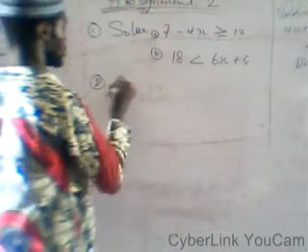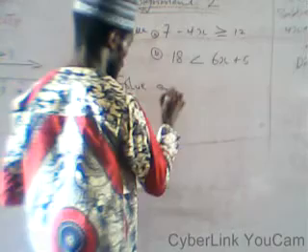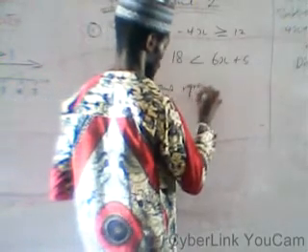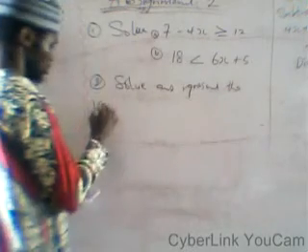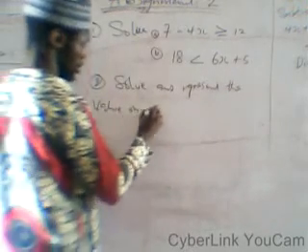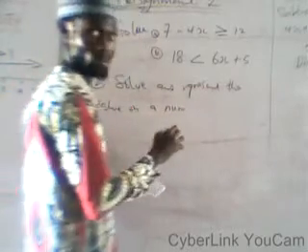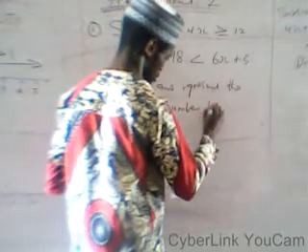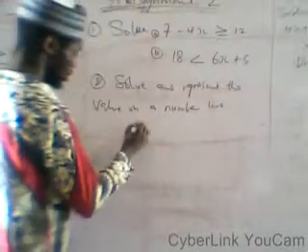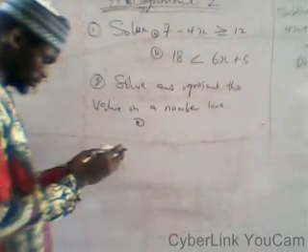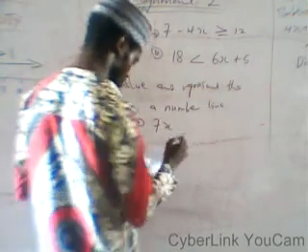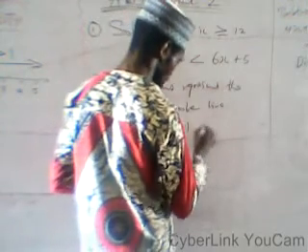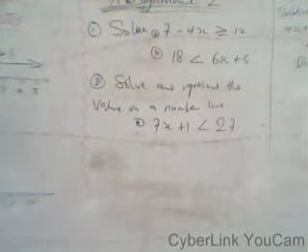Two, solve and represent the value on a number line. A, 7x plus 1 less than 27. That is it about the assignment.